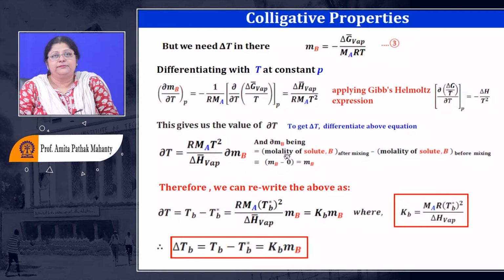I hope you have got what I'm trying to convey. This delta M is nothing but MB because the initial amount was 0. So I can put delta MB as equal to MB.